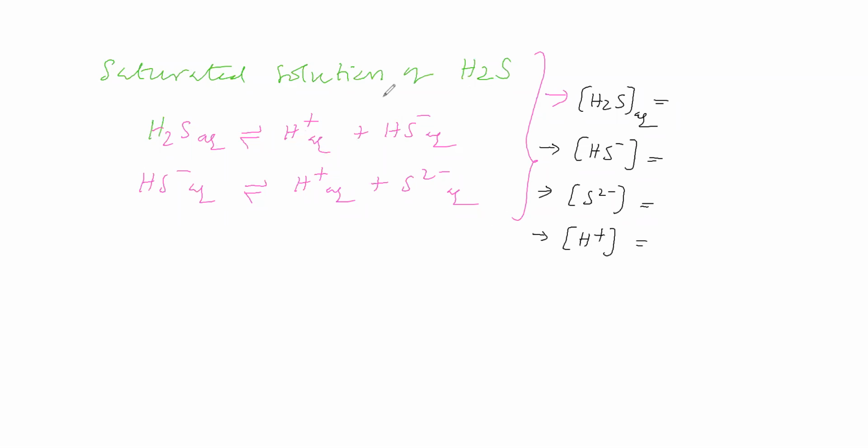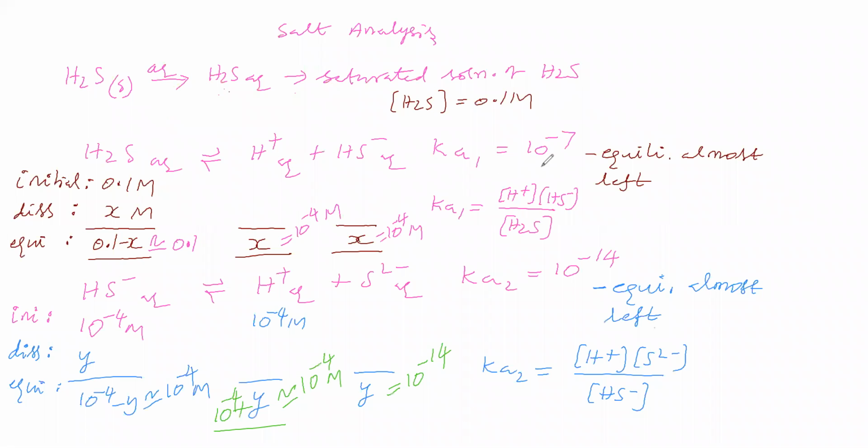In this saturated solution of H2S, what are the species present? H2S aqueous is present. H2S is a weak acid, it will not undergo complete ionization. You have seen the Ka values: Ka1 is 10 power minus 7, a very low value, and Ka2 is 10 power minus 14, still very low.